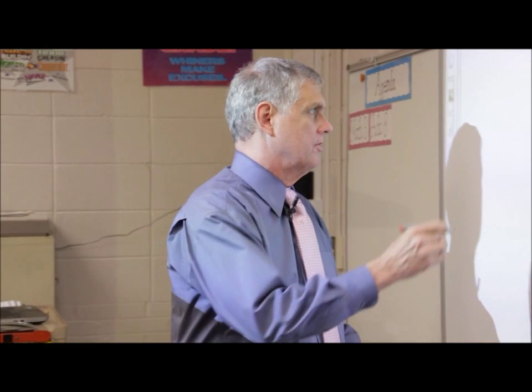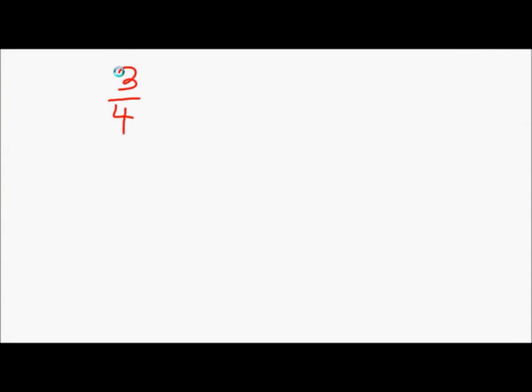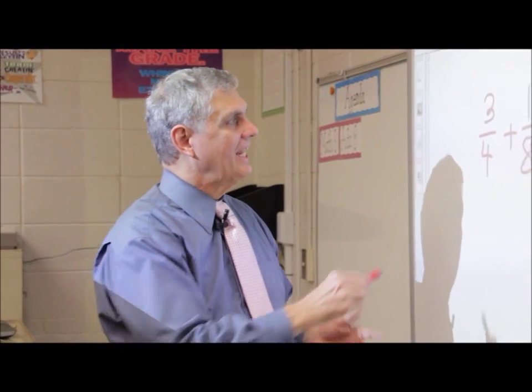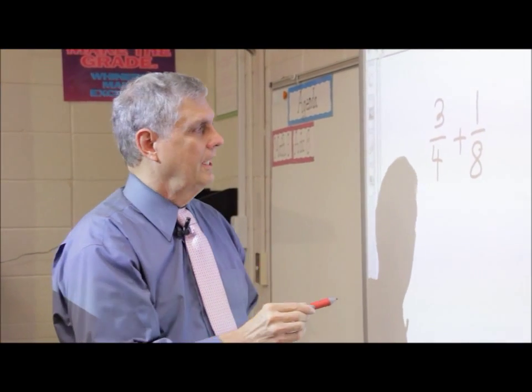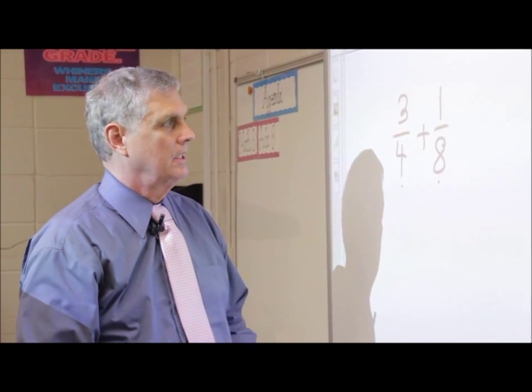Okay, let's take a look now at some operation using fractions. Let's first look at addition. Let's say we have 3/4, and we're going to add that to 1/8. Now, you should remember that you can't add fractions unless they have the same denominator.